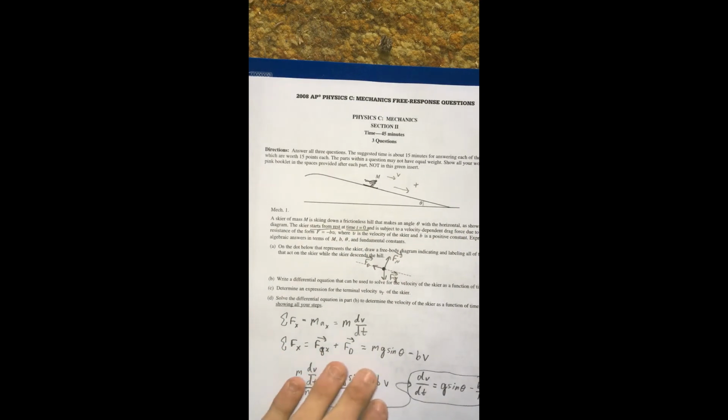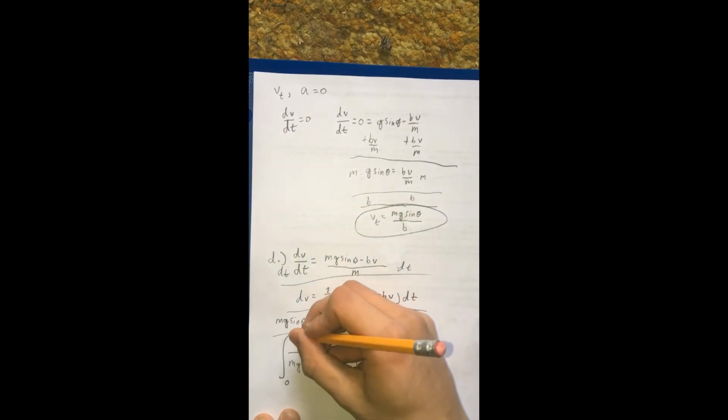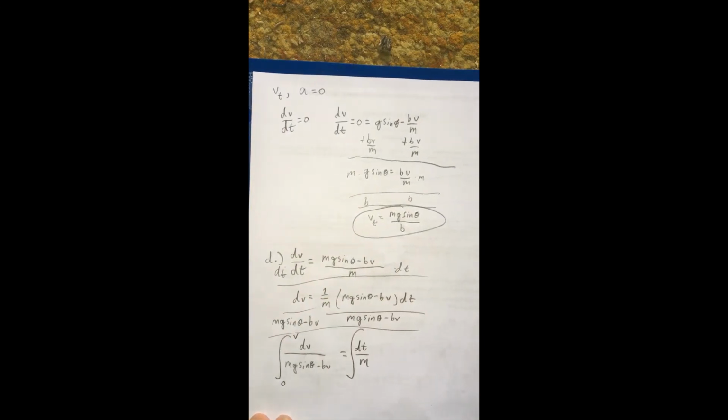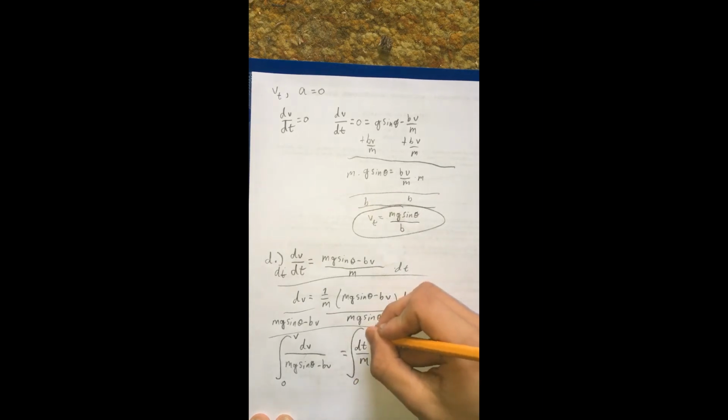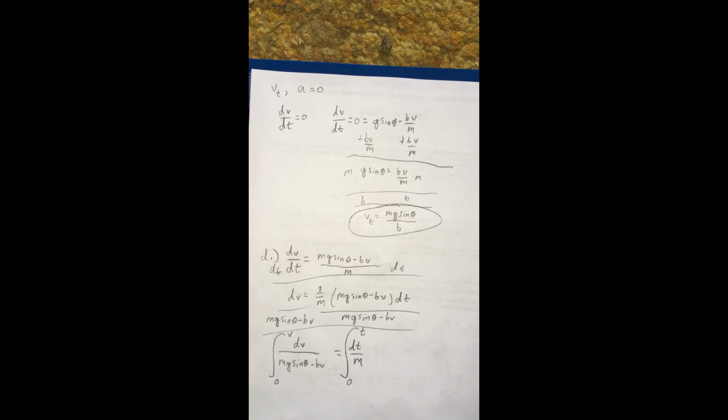And we know we're solving for v of t when the velocity is v at time t. So we can actually make this a definite integral, the velocity from 0 to v, and the time from 0 to t. That's going to make things a lot nicer because we don't have to deal with the plus c at the end.